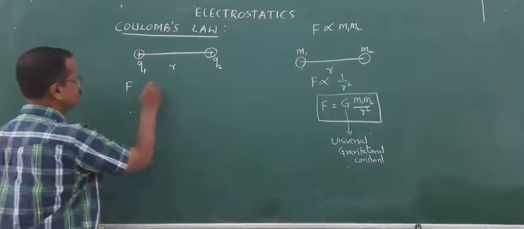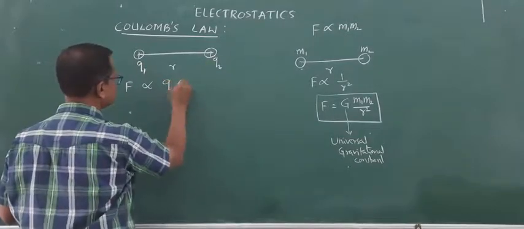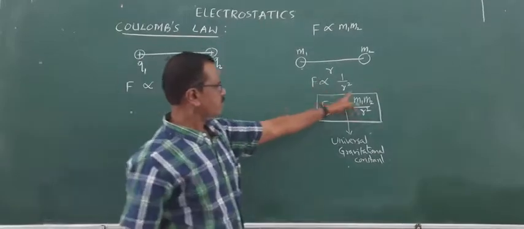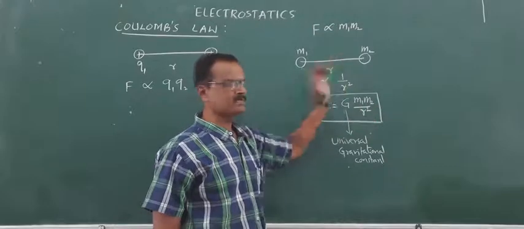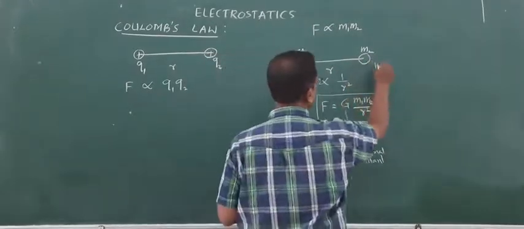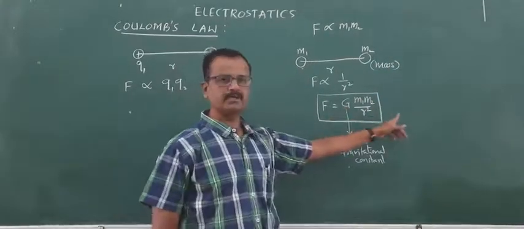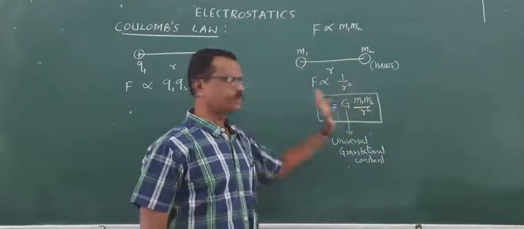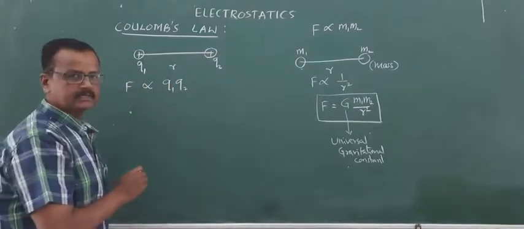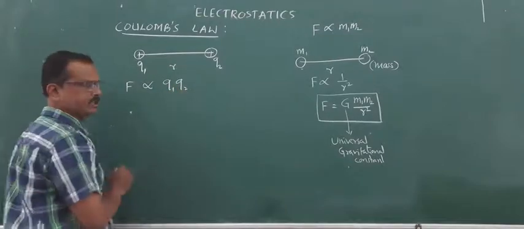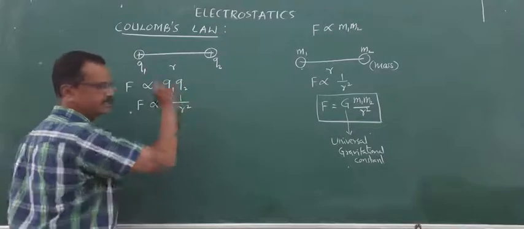is directly proportional to the product of charges. Just like the gravitational force of attraction between two masses, M1 and M2, is directly proportional to the product of masses and inversely proportional to the square of the distance separating those two centers, here it is directly proportional to the product of the charges Q1 and Q2, and this force is inversely proportional to the square of the distance.